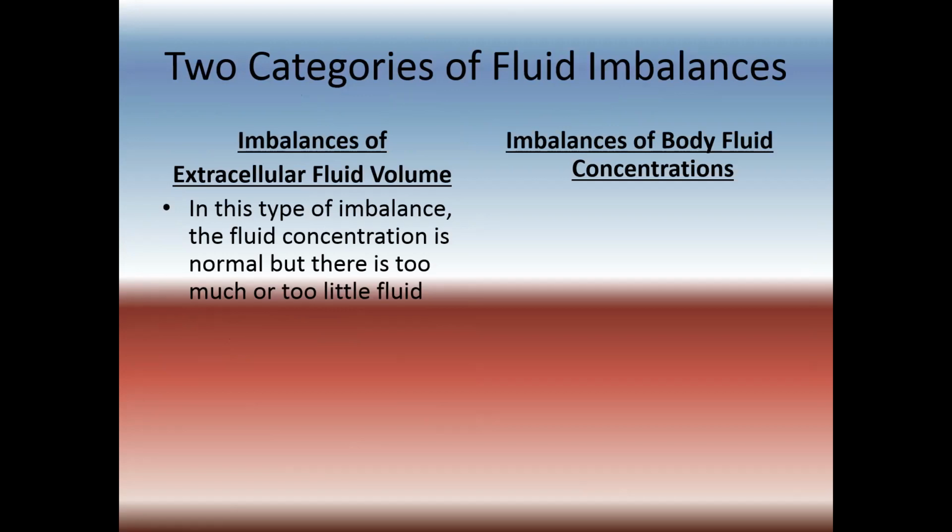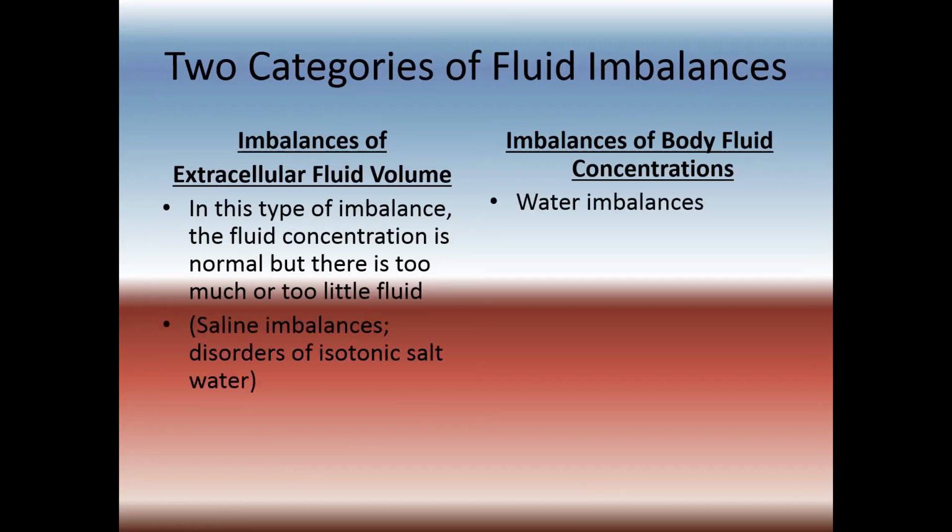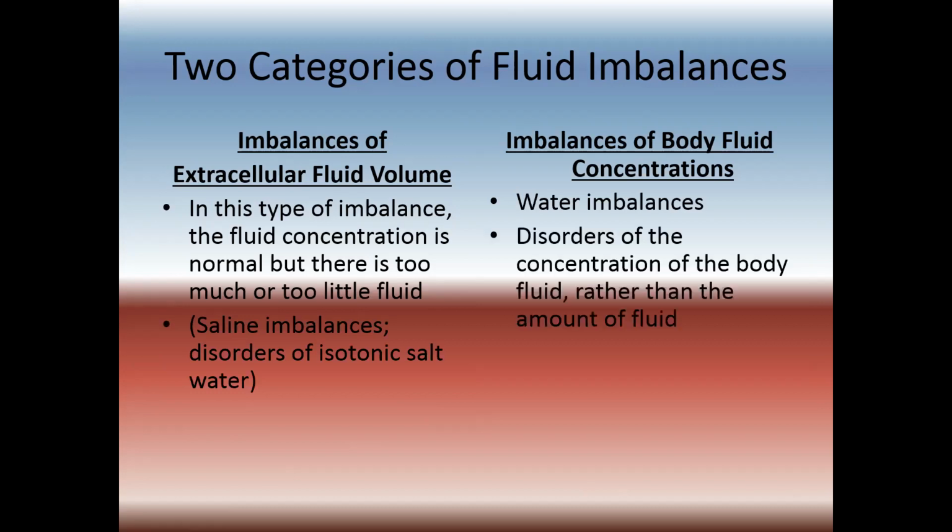Now, if you have imbalances of body fluid concentrations, you have a water imbalance. So it's a disorder of the concentration of the body fluid rather than the amount of fluid. So another term for an isotonic fluid imbalance is a saline imbalance.